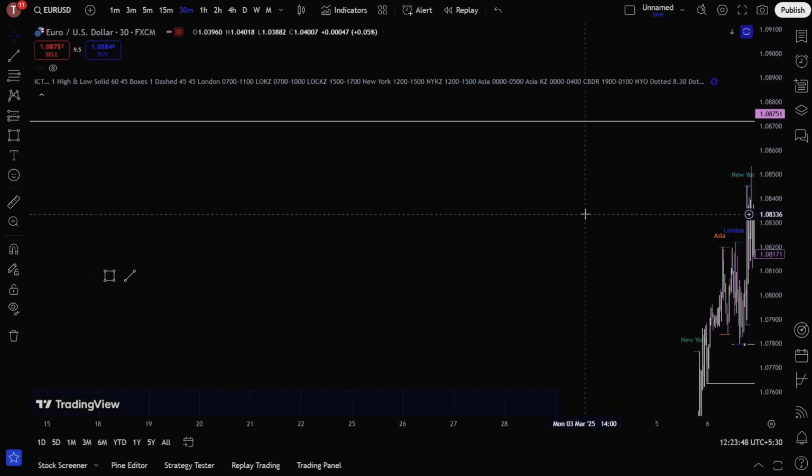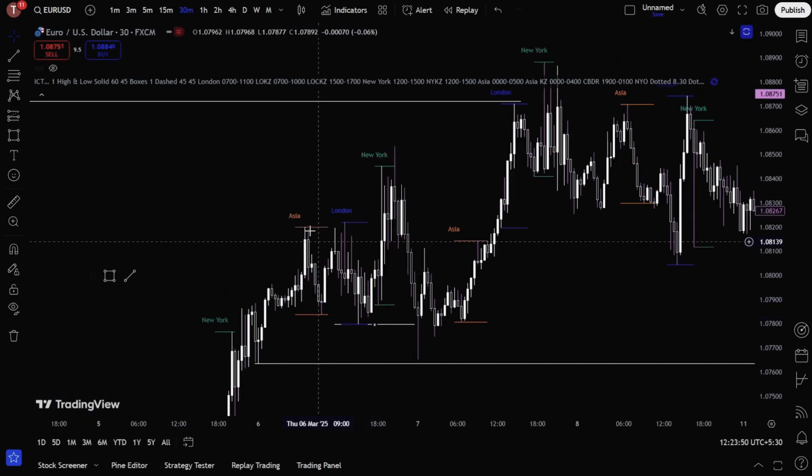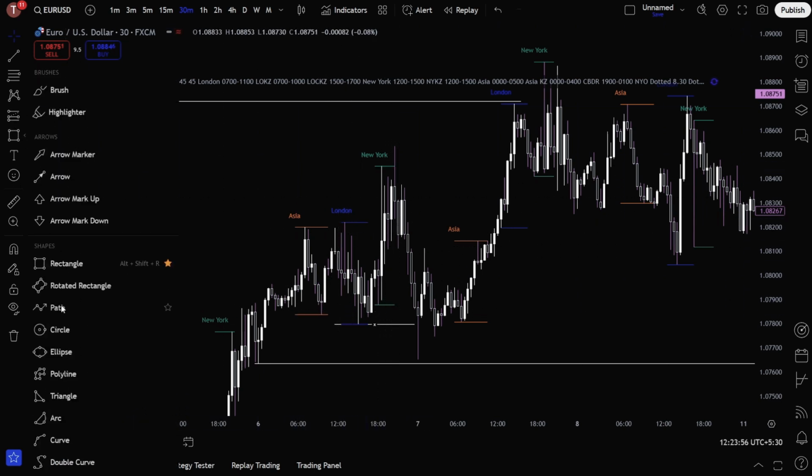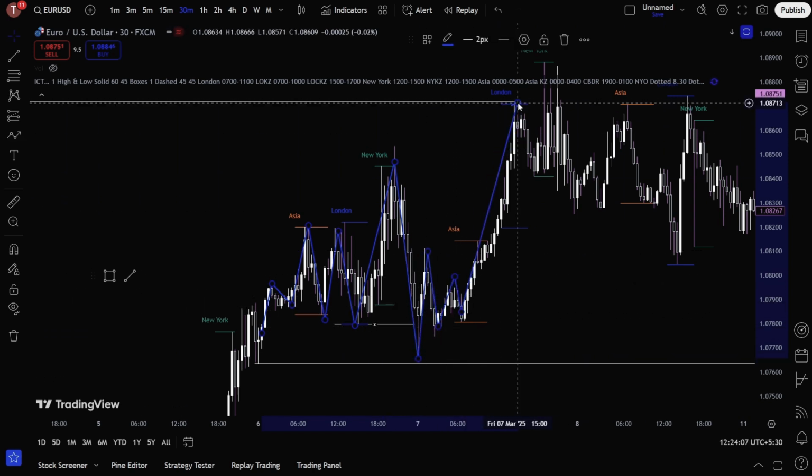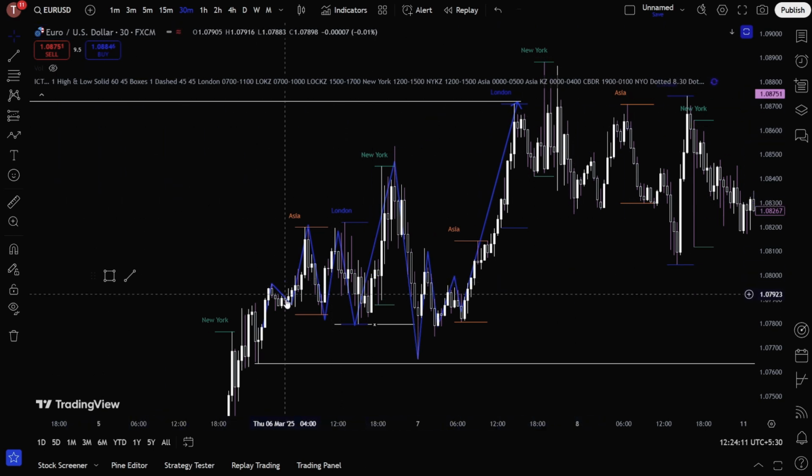So first of all, I'll be explaining first. So this was the structure which I was talking about. The price was having some kind of order flow here, a swing here, and the price took liquidity and then moved into the further upside direction. If you can see, I'll be changing the visibility.